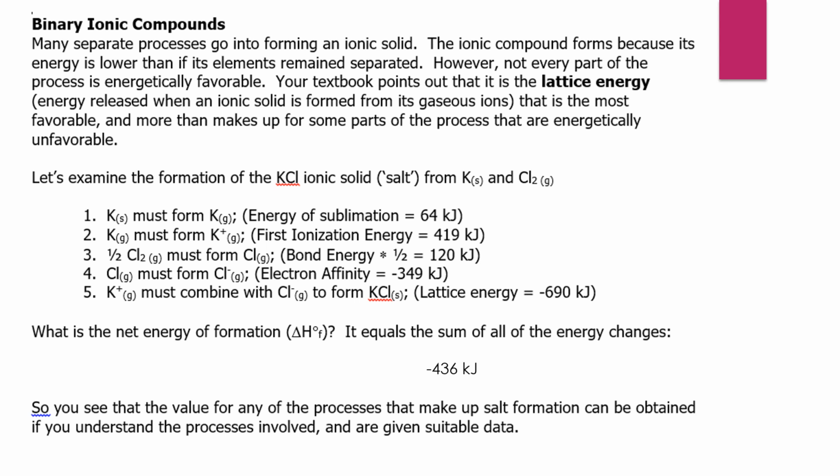Now there's the congratulations, you just got an electron. We call that electron affinity, when you receive an electron and energy is released. And then there's the final step, the positive potassium and the negative chlorine come at each other and reach that energy position dependent on distance. That's called the lattice energy. These 5 things are all happening simultaneously when potassium and chlorine interact.